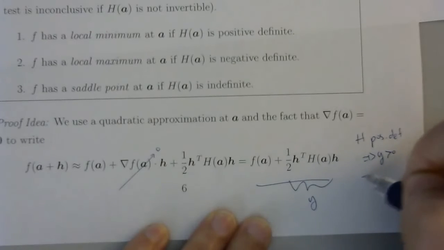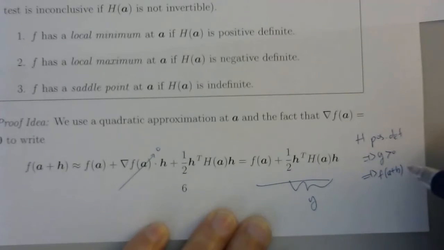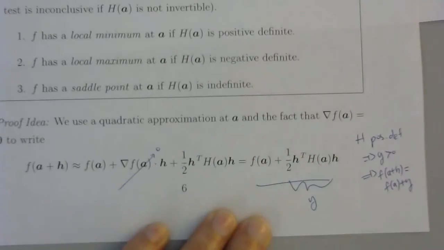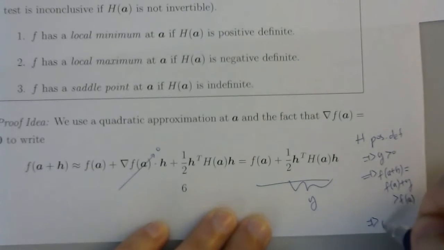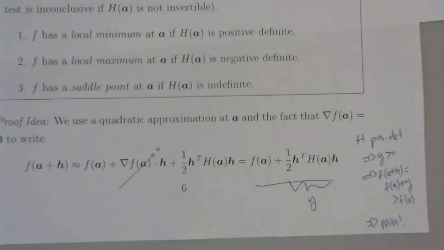Y is positive, which means f at A plus h is equal to f at A plus some positive number y, which is greater than f of A. So it's a minimum, right? F at A is a minimum. All the points near it are larger than it.